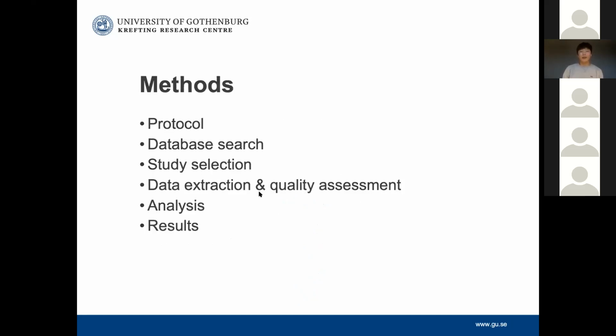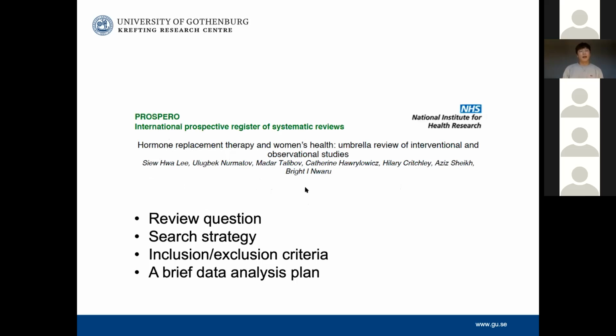There are around 7 steps involved in this review process. The first is the protocol, and the protocol was registered beforehand. In this protocol, we specified the review question, criteria, and finally a brief data analysis plan.